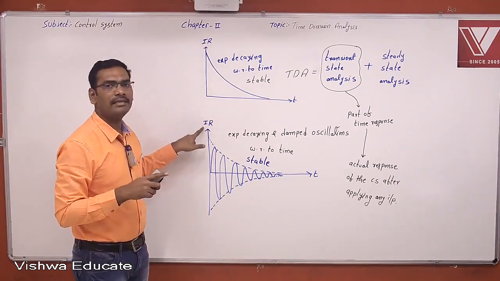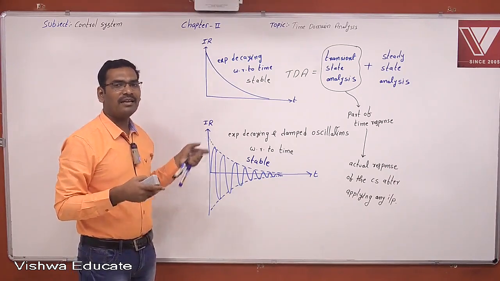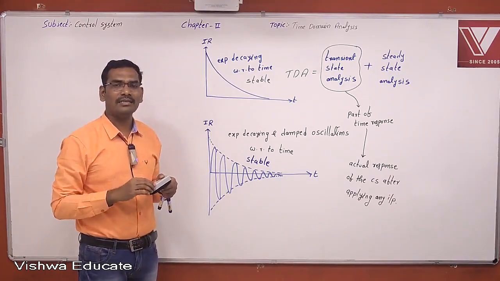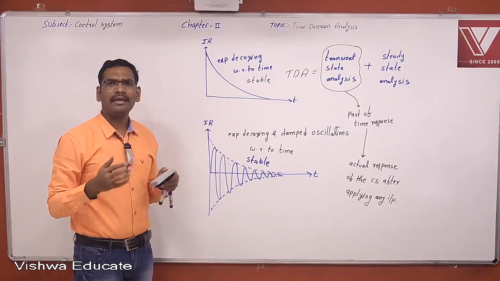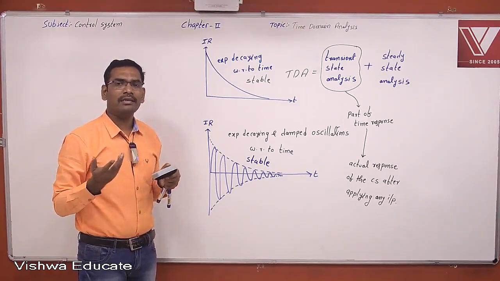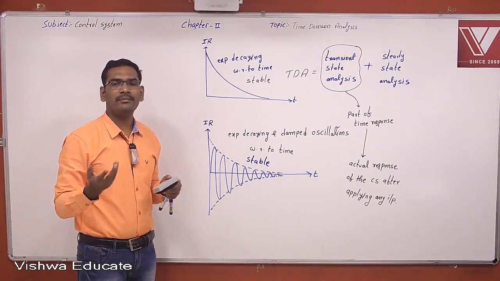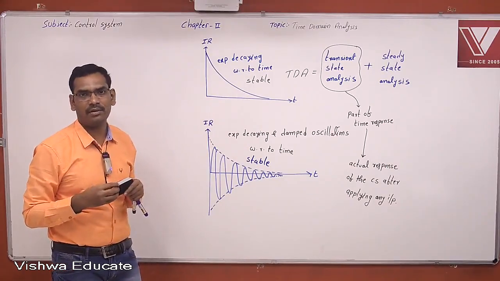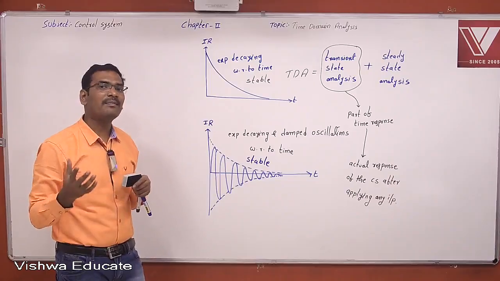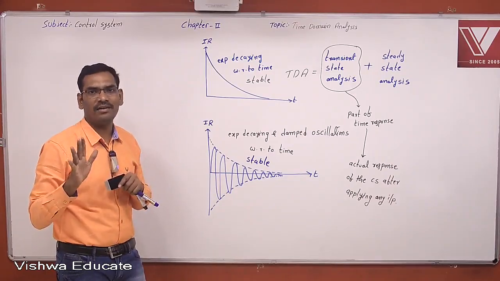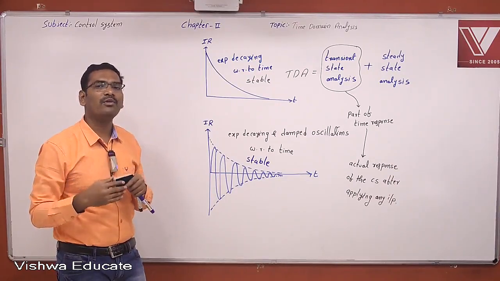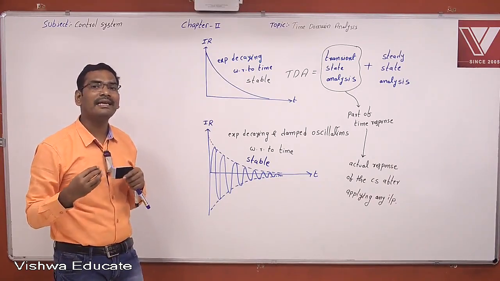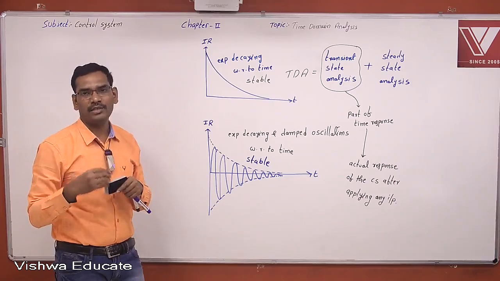This impulse input is a theoretical analysis, theoretical calculation, theoretical measurement, but there are n number of inputs available: step input, ramp input, parabolic input. Especially the practical existing input is called a step input, the step response. But that step response we have not covered, because so far what we are doing is theoretical analysis.